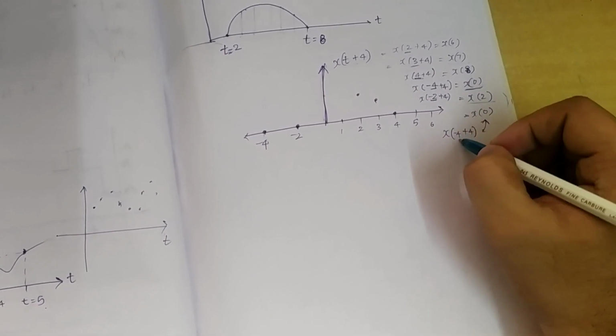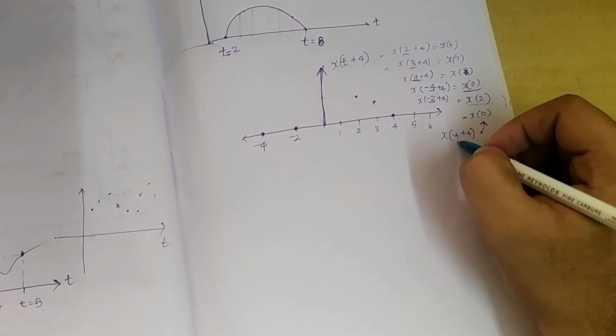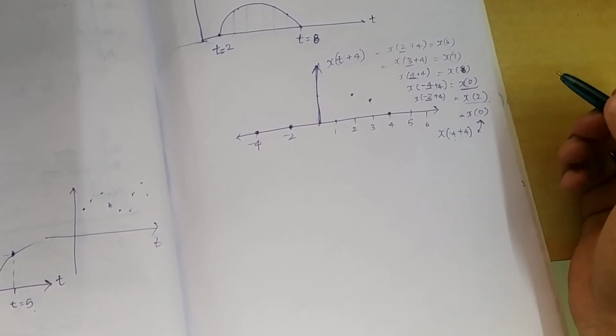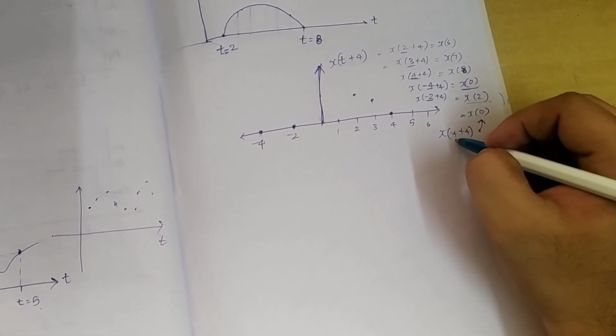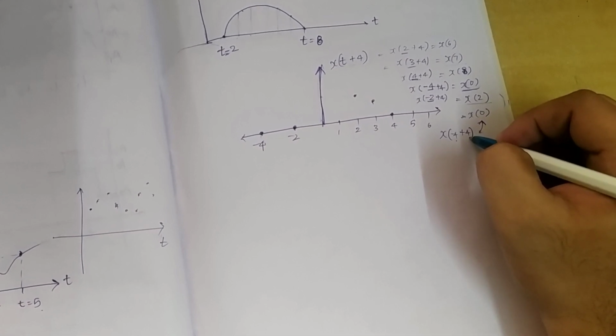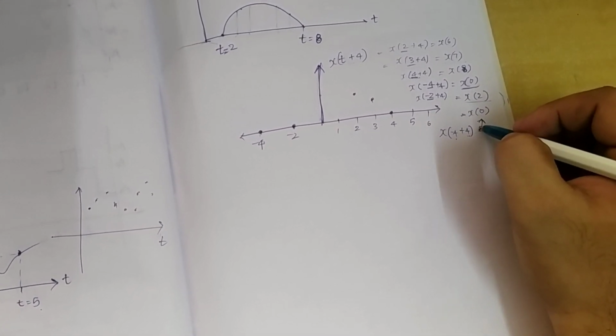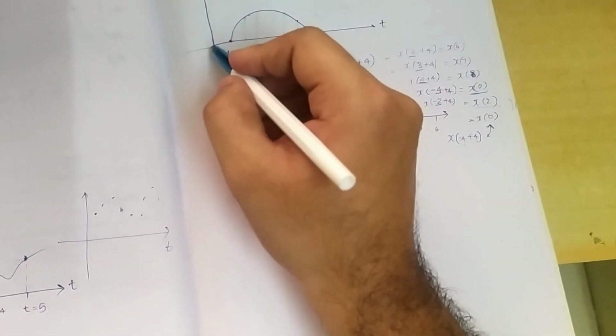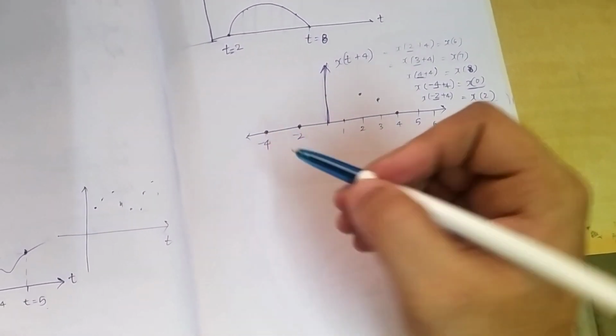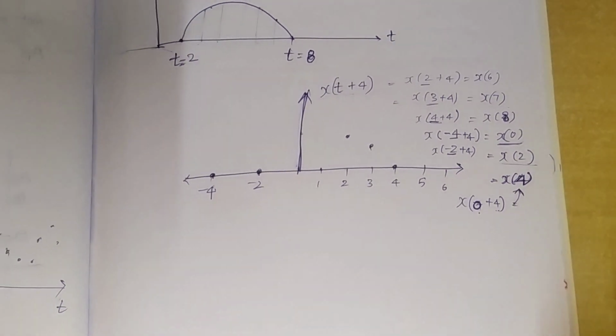So t will be minus 4. So I have to check, if I put minus 4 and plus 4 here, it would actually end up in x of 0. So I am supposed to put whatever is x of 0 here. So that's how we are supposed to check.